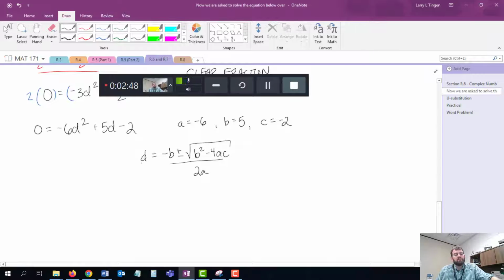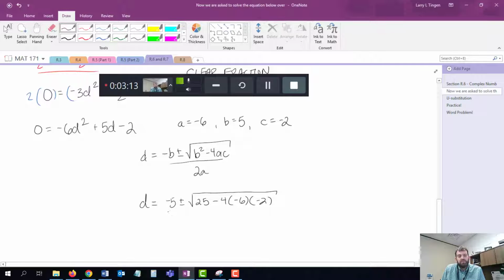Whatever variable you're solving for is what goes on the left-hand side. I just have a d because that's what's after it. Typically, you'd see an x there, but let's plug everything in. Opposite of 5 is negative 5, plus or minus the square root. 5 squared is 25. 4 times a is negative 6 times c is negative 2.